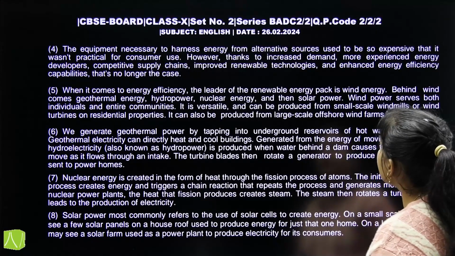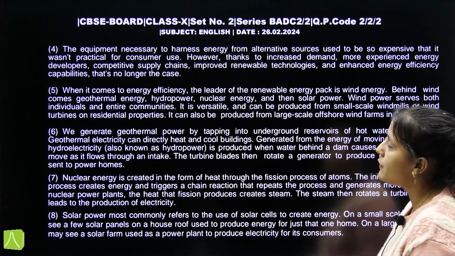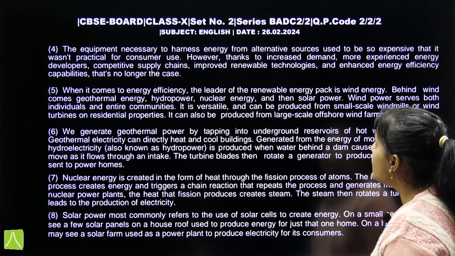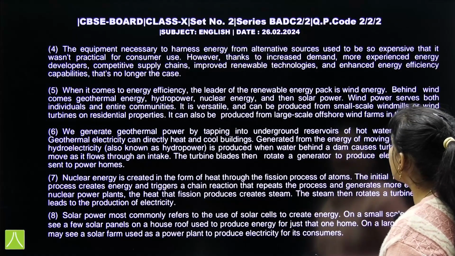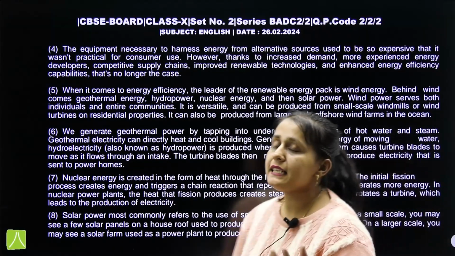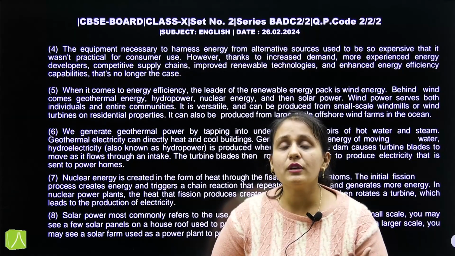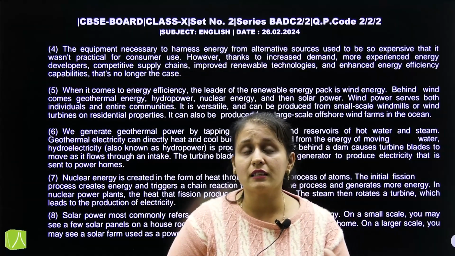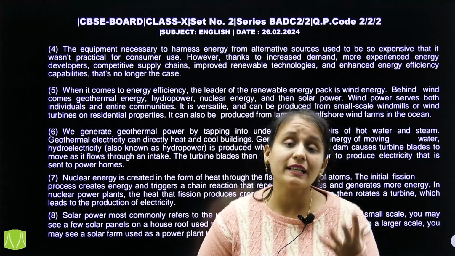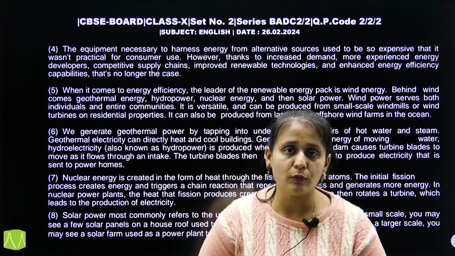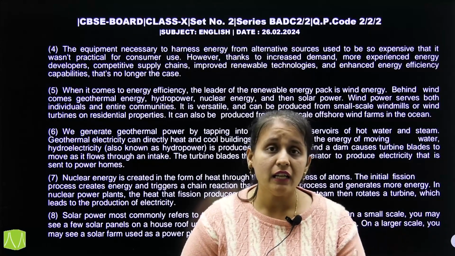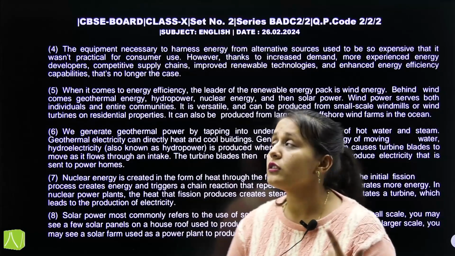However, thanks to increased demand, more experienced energy developers, competitive supply chains, improved renewable technologies and enhanced energy efficiency capabilities, that's no longer the case. Basically, to renew all these energies we need a lot of equipment. So the 4th paragraph is explaining that they were so expensive for a normal consumer to buy, but as technology has increased day by day, we now have solutions for the same.